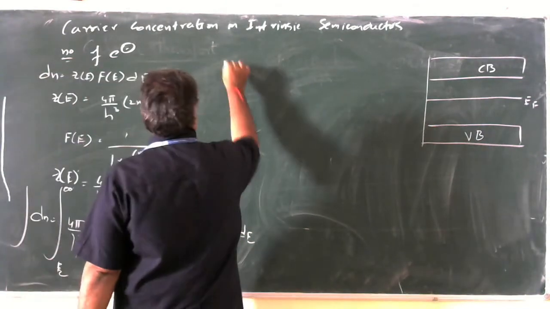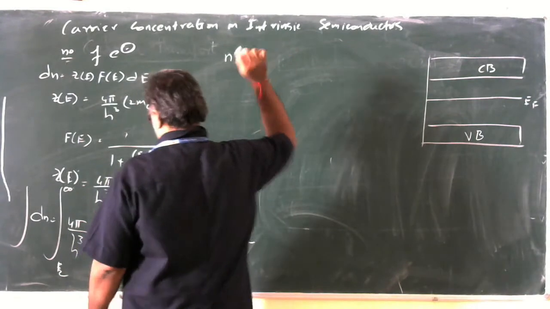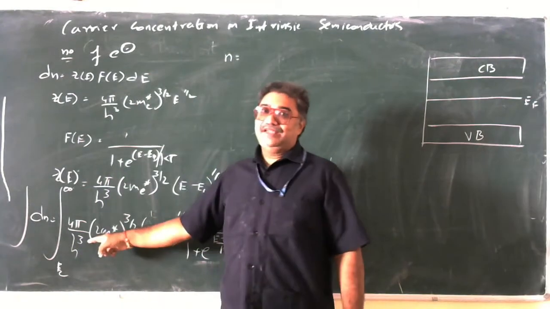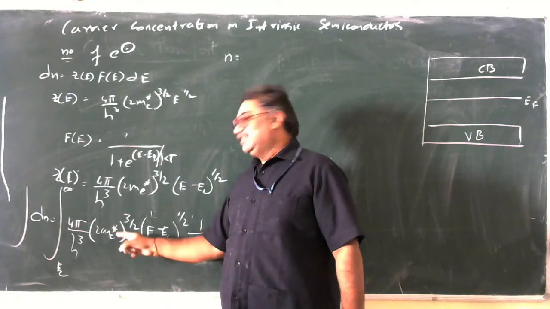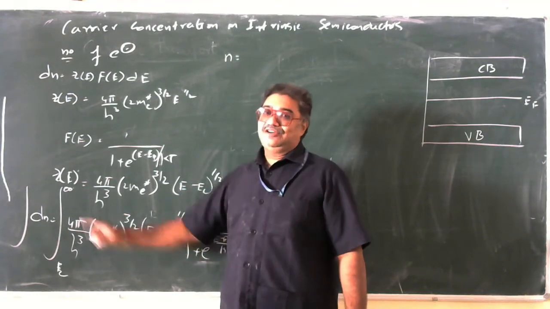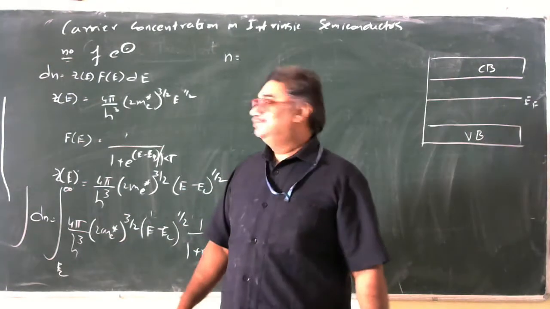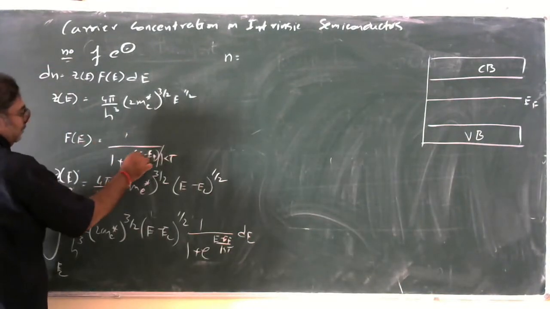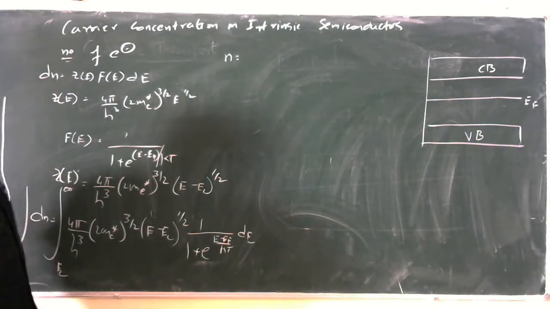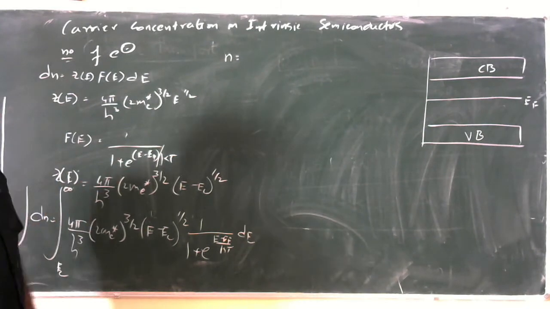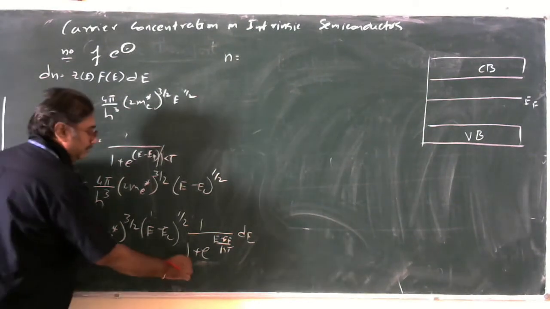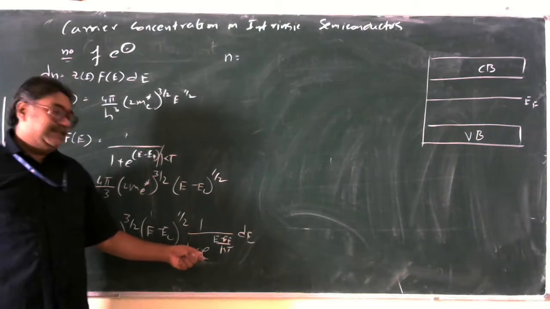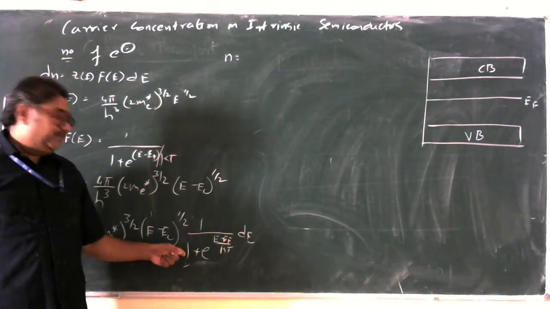The left side integration is anyway n. Here 4 pi by h cube is a constant, and 2 m_e star is a constant, so let us take the constants out. At the same time, we have f equals 1 by 1 plus exponential of (E minus EF) by kT. We are going to neglect this 1, because this function is very small compared to the exponential.